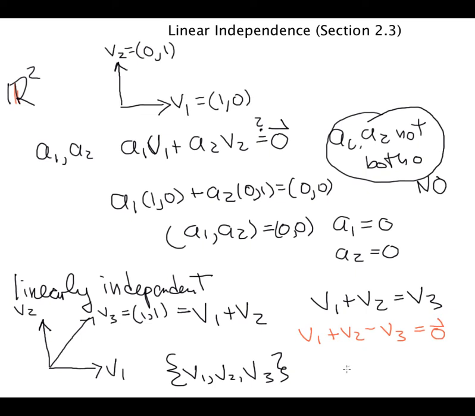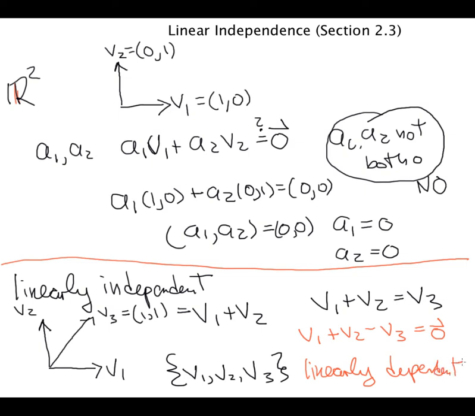So these three vectors are linearly dependent. And one way to think of that is that this vector v3 here is sort of extra.